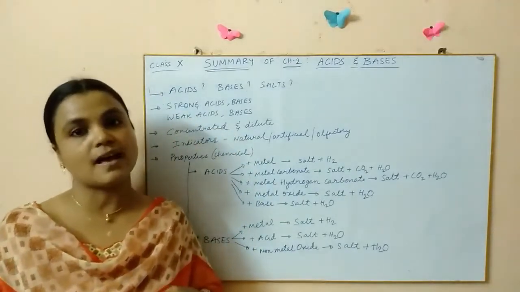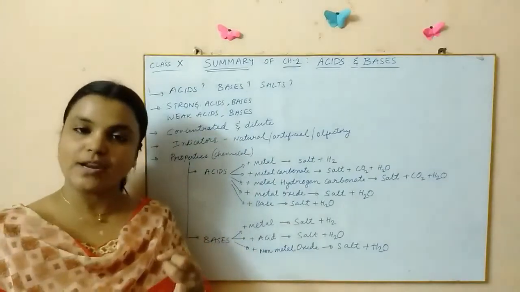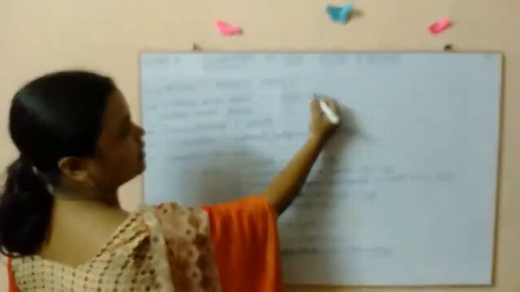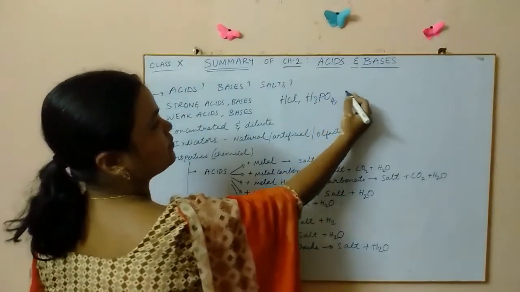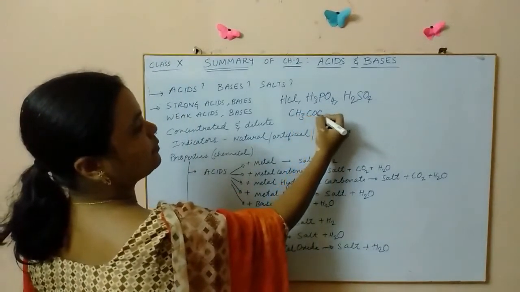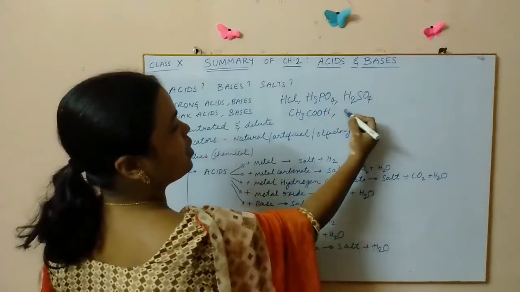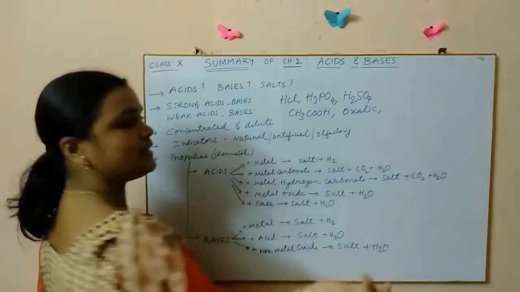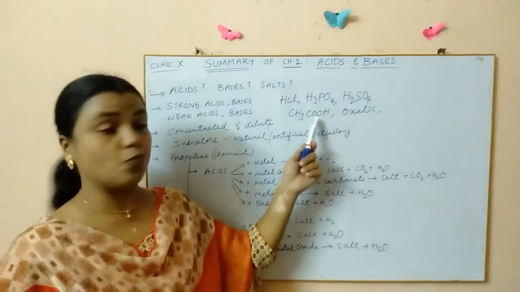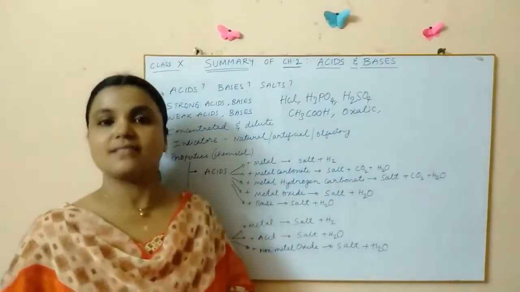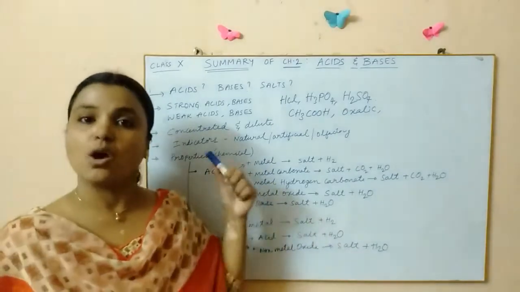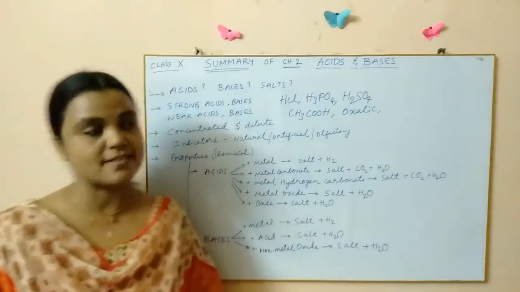Examples of strong acids are hydrochloric acid (HCl), phosphoric acid, sulfuric acid, etc. And coming to the weak acids, we have acetic acid, oxalic acid, lactic acid, etc. Oxalic acid and lactic acid are found in the fruits and vegetables in nature. They are organic acids and they are weak acids.